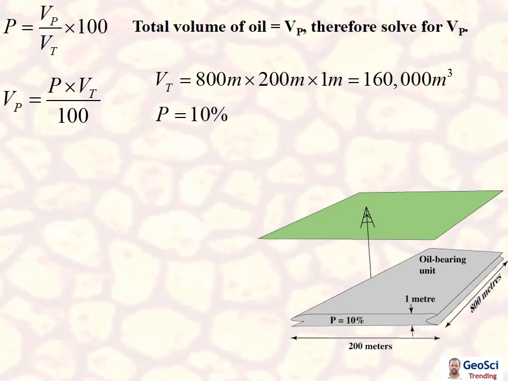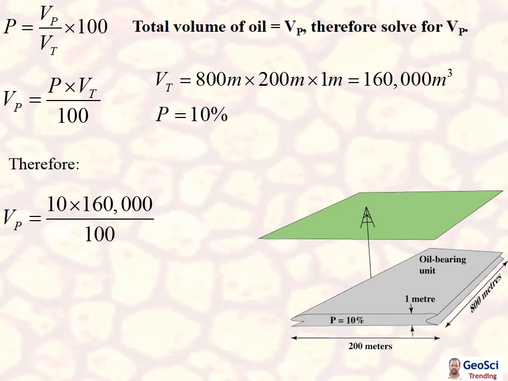The porosity value is 10%. Therefore, Vp equals 10 into 1,60,000 by 100. Now Vp equals 16,000.